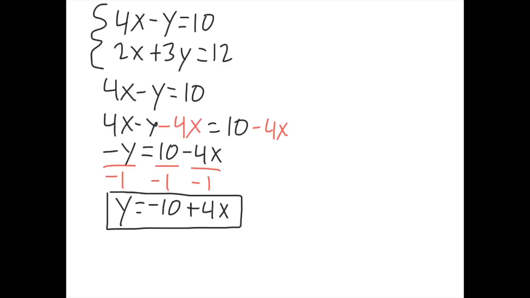So we say 2x plus 3, and now instead of y, in parentheses, we need to write negative 10 plus 4x. And then finish the equation, equals 12.